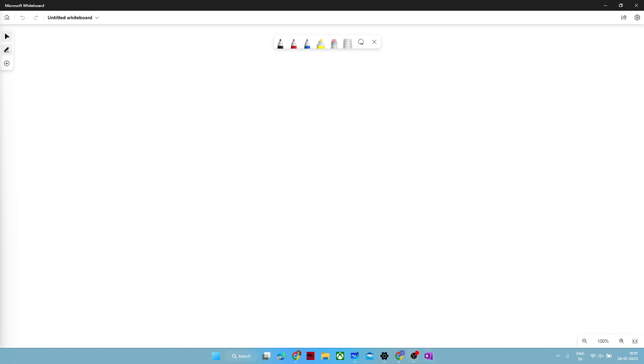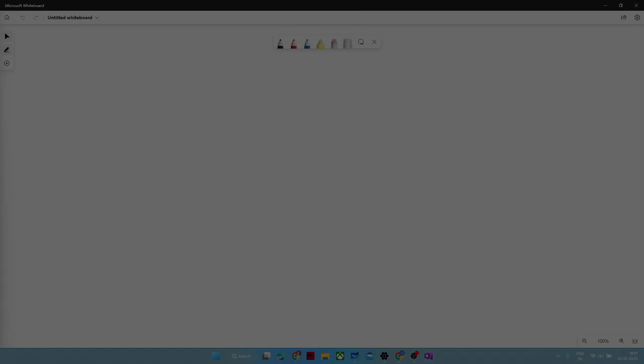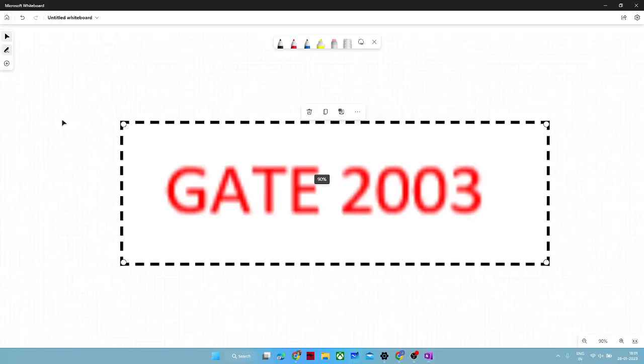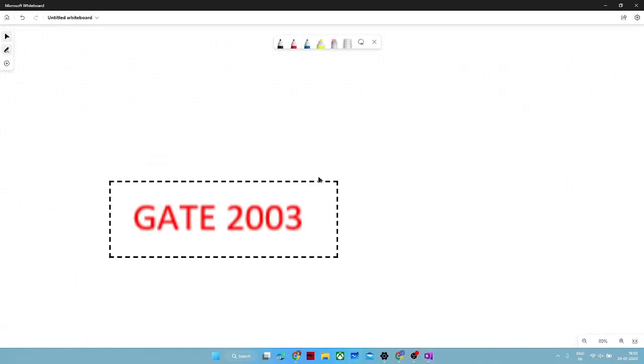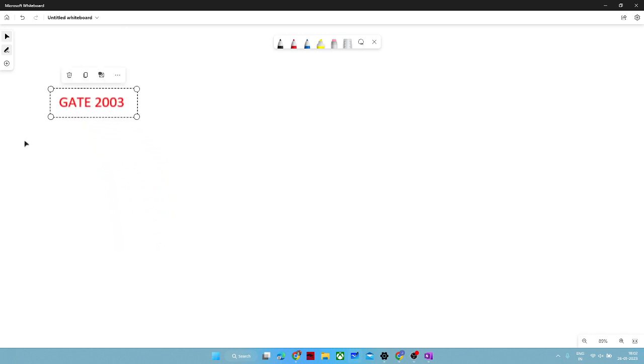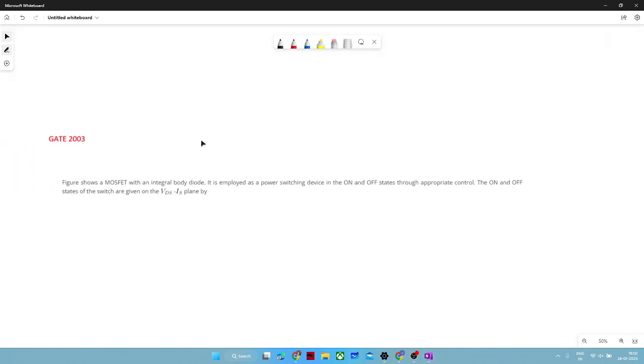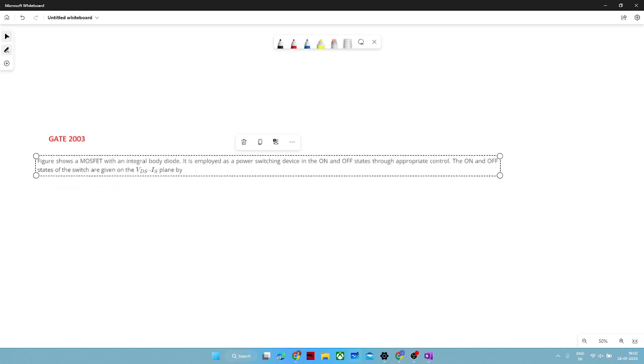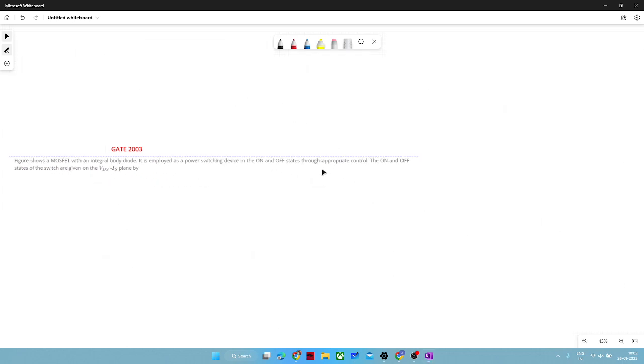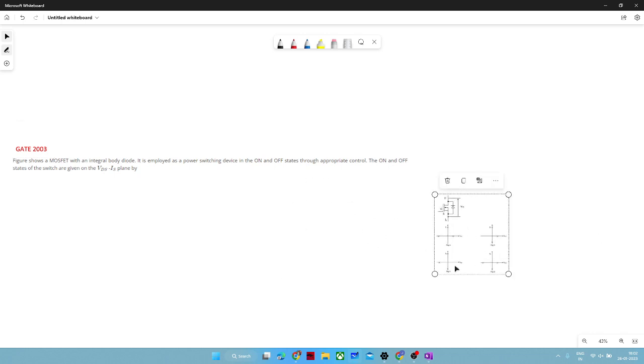So the first problem I am taking, which was asked in GATE 2003. So in the problem, a MOSFET is given here, and we need to identify the polarity of blocking and the direction of its conduction.